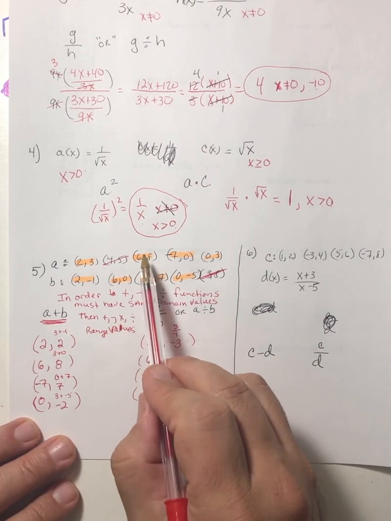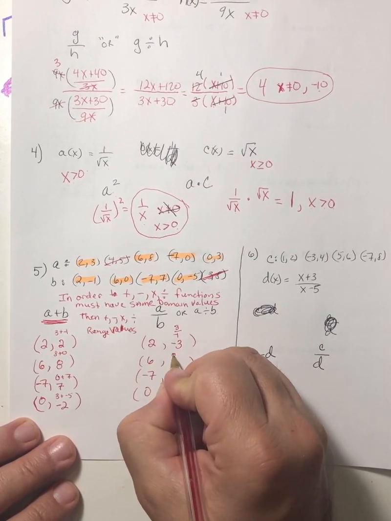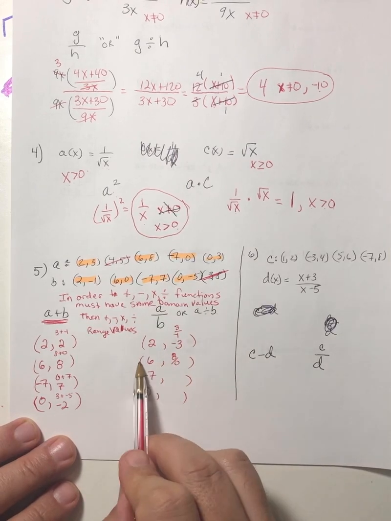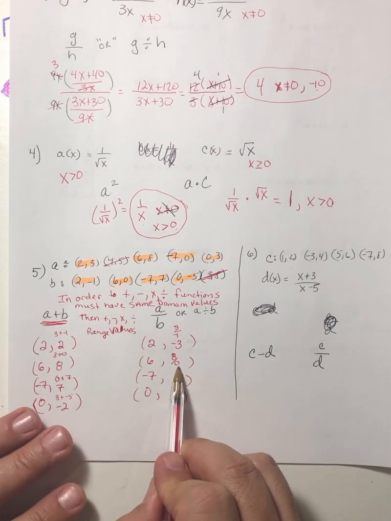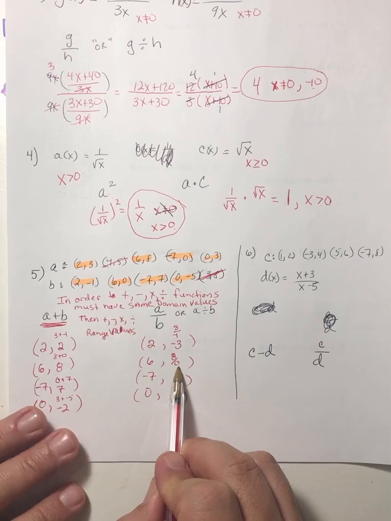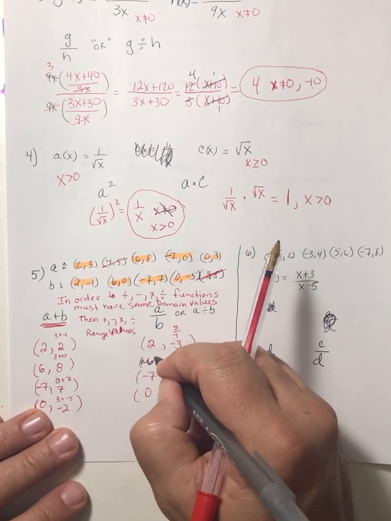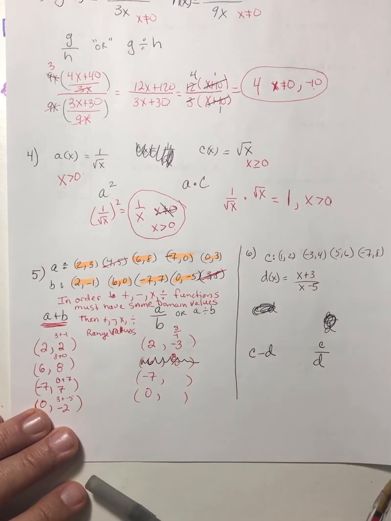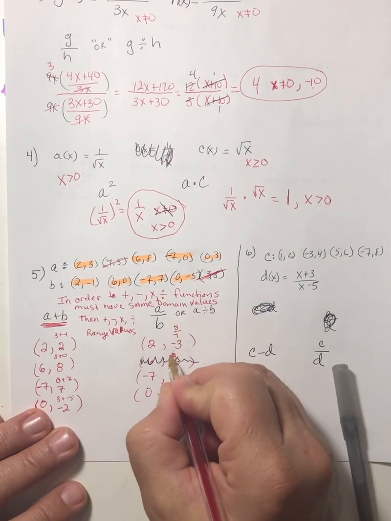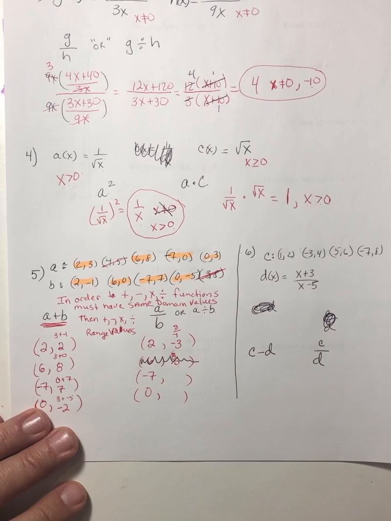Then for 6, 8 over 0. Wait a minute, your bell should be going off in your brain. We can't have 8 over 0, that's undefined, so this doesn't exist.